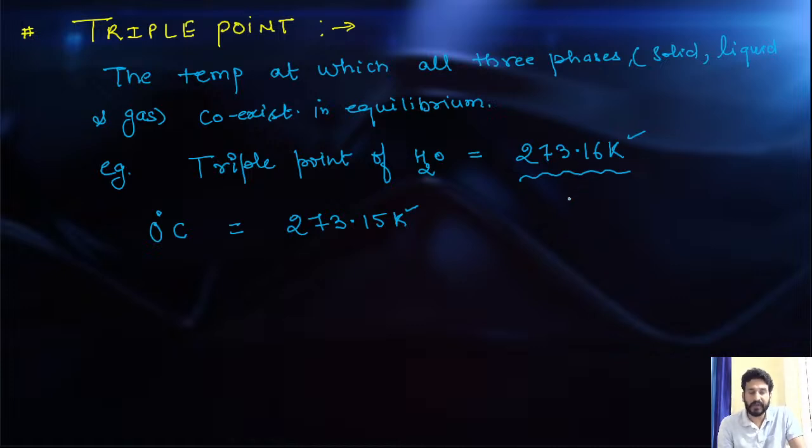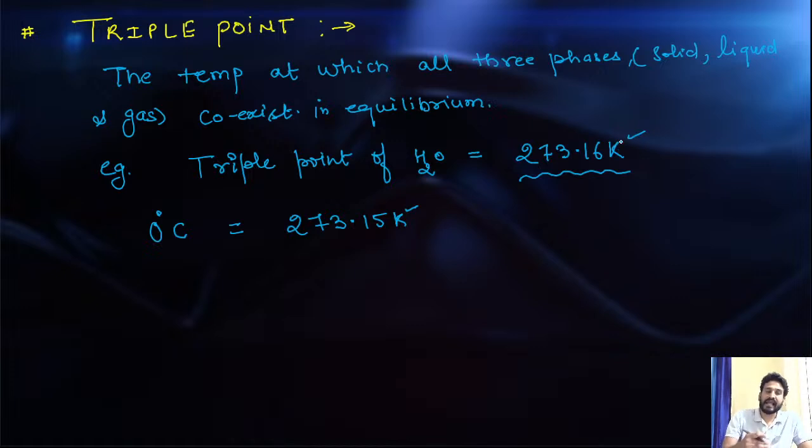At this temperature you will see some solid water, meaning ice, some liquid water, and some vapors. Triple point means all three phases coexist in equilibrium.